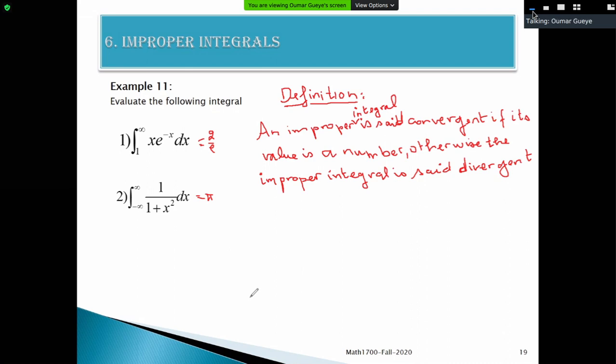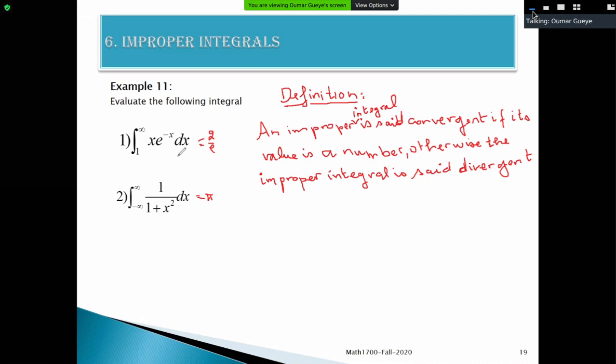All right, so keep in mind, to be convergent, the improper integral should have a value, which is a number. Otherwise, your improper integral is divergent. Is that okay? I said an improper integral is convergent if its value is a number.